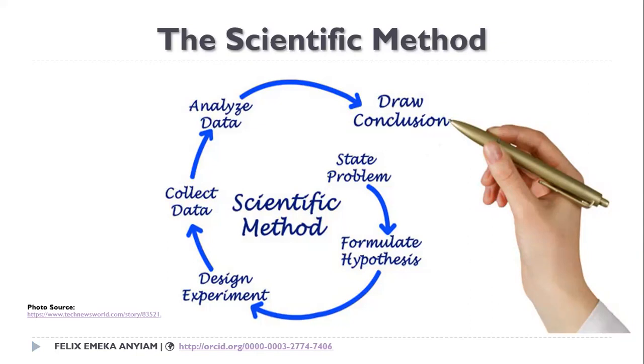So you've detected a problem, you've stated your null hypothesis. Now your job is to carry out the experiment, designing the experiment to be able to accept or to reject your null hypothesis.